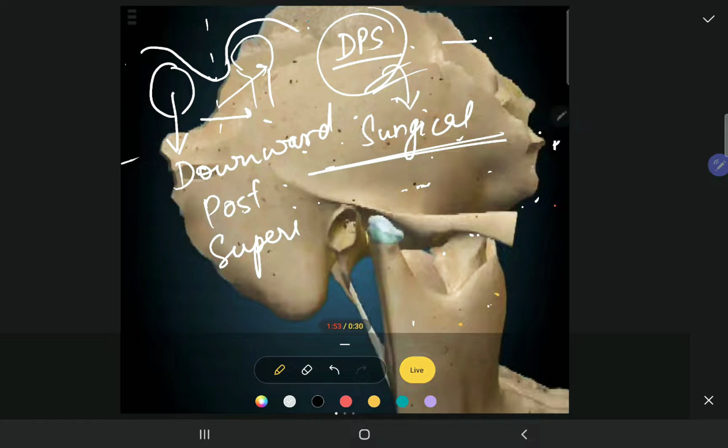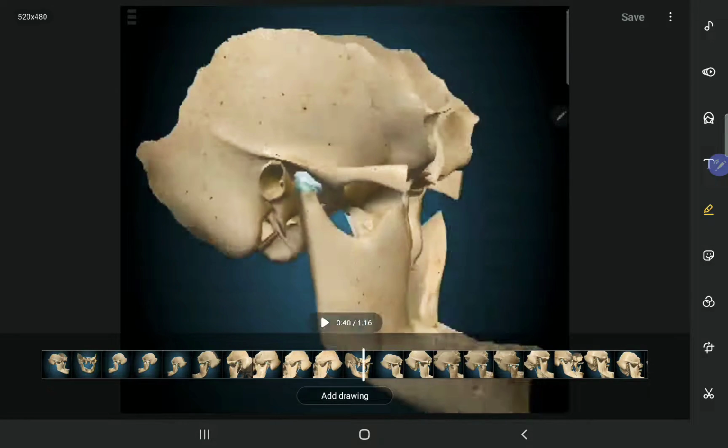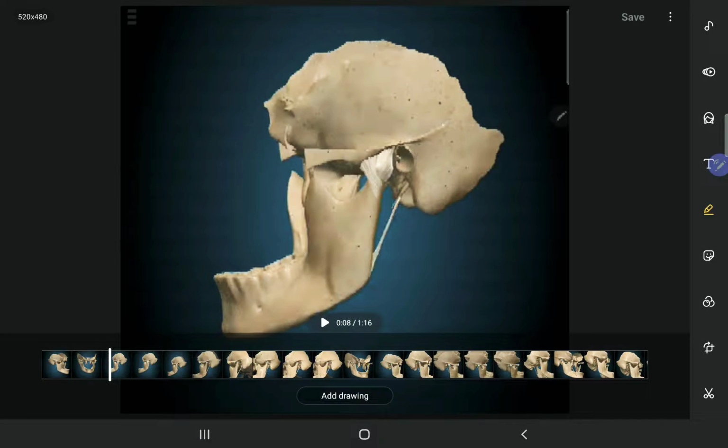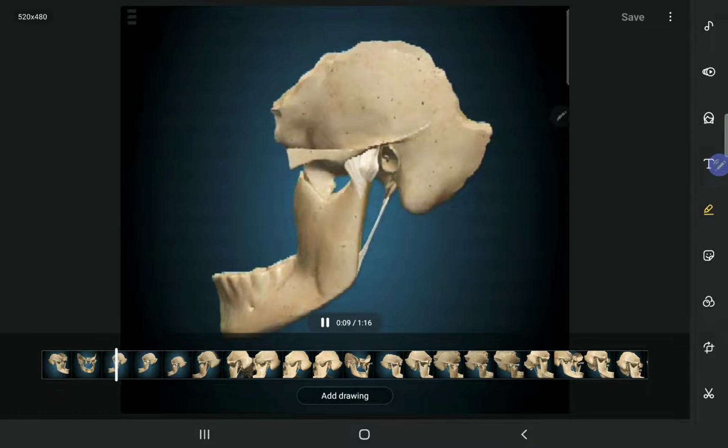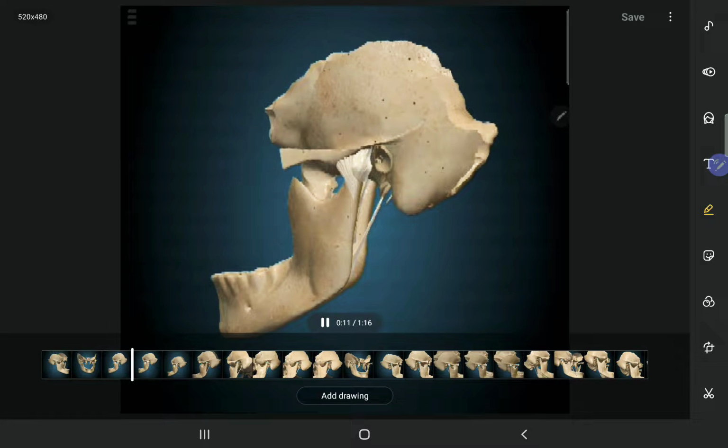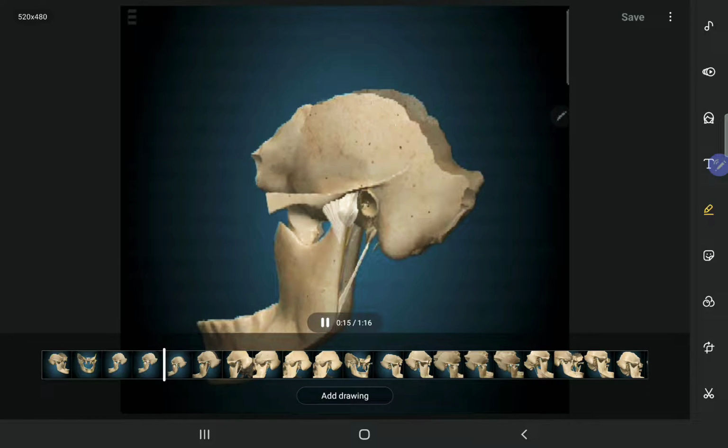Or you can do the arthroscopy, or you can do the capsular plication. So basically removing some of the capsule, and then let me show you the part of the capsule. So this is the capsular part. What you can do is remove some of the capsule and suture the remaining of the capsule. So basically you are tightening this capsule up.